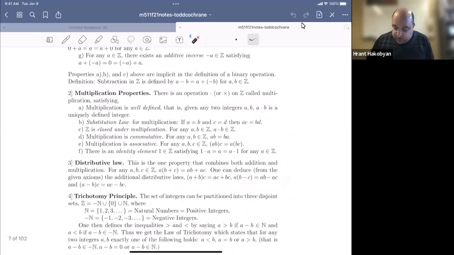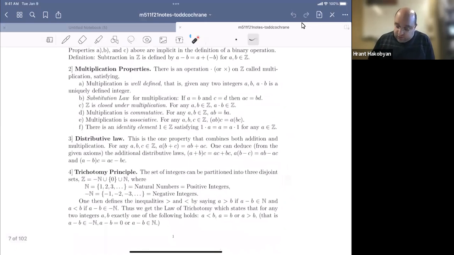There are some other important properties of the integers, the axioms, which is one of them. One group of those is called the trichotomy axioms or trichotomy principle, which says that the integers are divided into three groups: positive integers, 0, and negative integers, and positive integers are also called natural numbers.